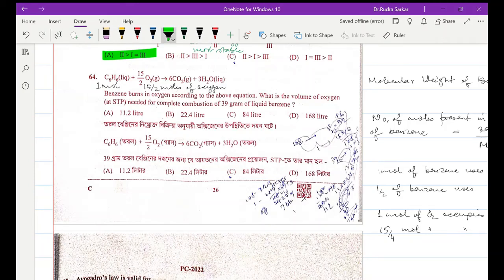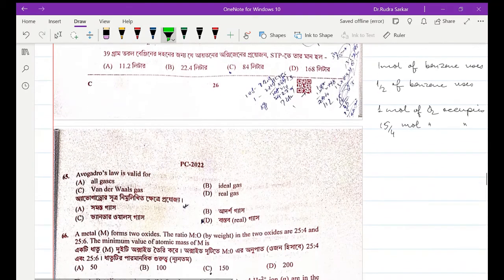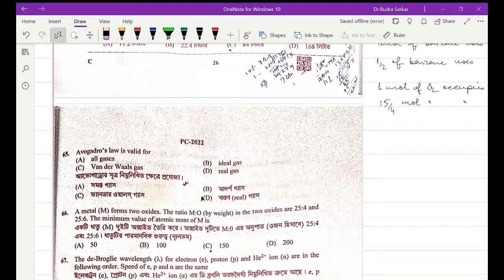Okay, so this is the answer now. Avogadro's law is valid only for the ideal gas.